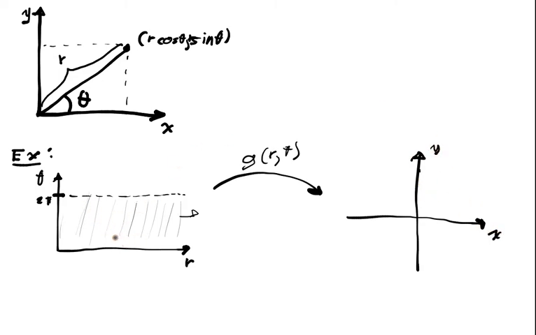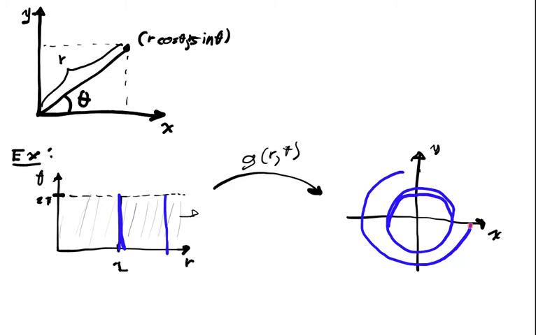Now if we fix a particular r, say 1, what happens to this line under that map? Well, it's going to have the same r, so it's the same distance from the origin, and the only thing that changes is the angle, so that would be just the unit circle, drawn very badly. If we picked another r, we would get another circle of a different radius.